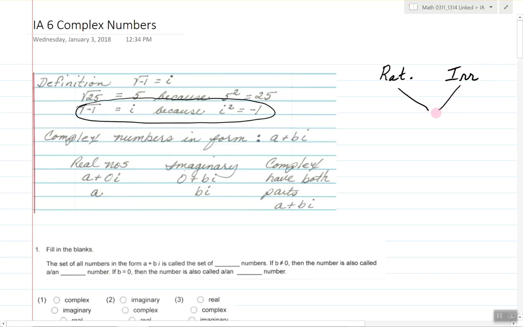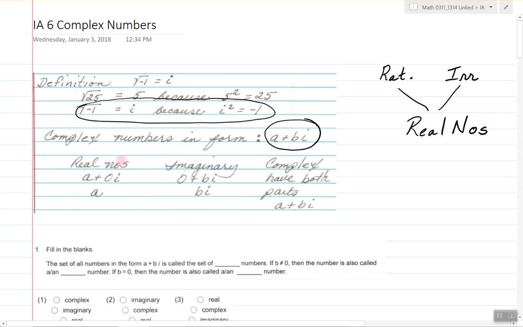Together, they make up the real numbers. Well, there are numbers that are not real, and they are complex, and they are always in the form a plus bi, where a is some real number, plus some real number times the imaginary i.